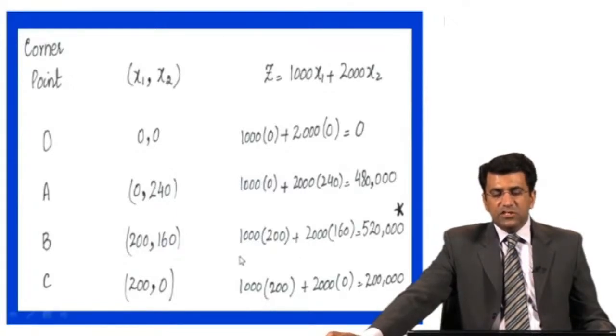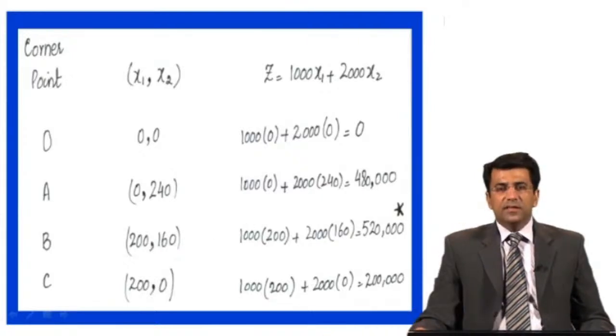These coordinates give you the idea of what should be the best combination of the two different products so that we can maximize our profit. And what is the maximum profit? That is 520,000.